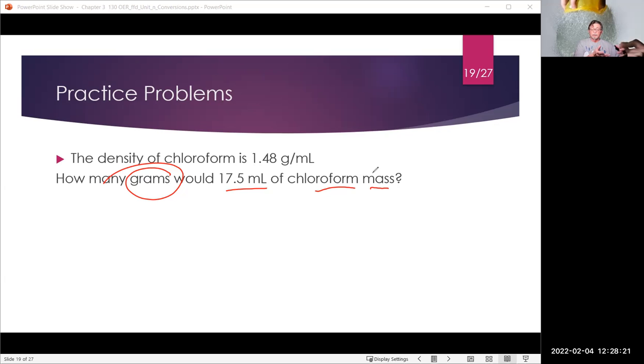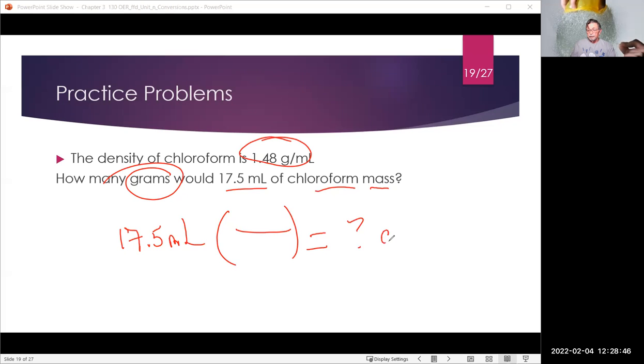Yes, of course, you can go directly to the balance and take out 17.5 milliliters and weigh it. But why do that when you know the density? So here, I set up my equation. I'm given 17.5 milliliters. Obviously, I'm going to have my conversion factor, my chloroform, and the units I'm looking for are in grams.